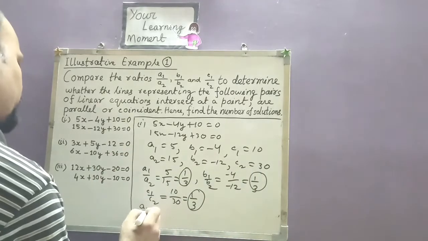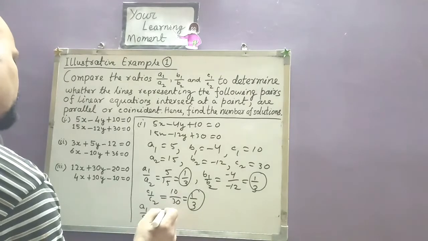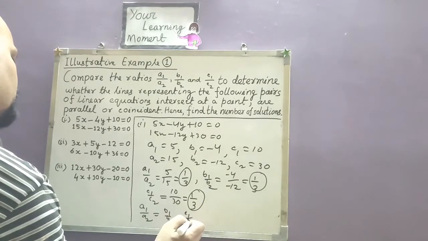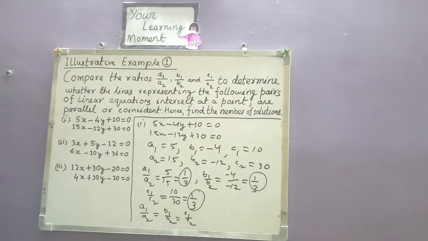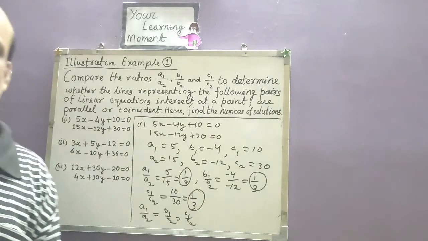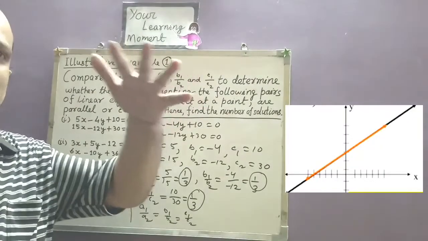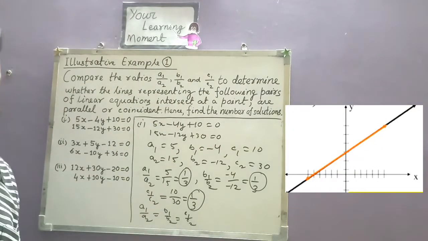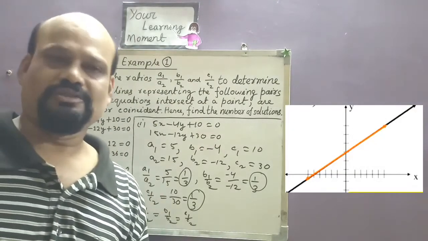So here a1 by a2 equal to b1 by b2 equal to c1 by c2. These conditions exist where the lines are coincident, meaning this pair of equations has infinitely many solutions.